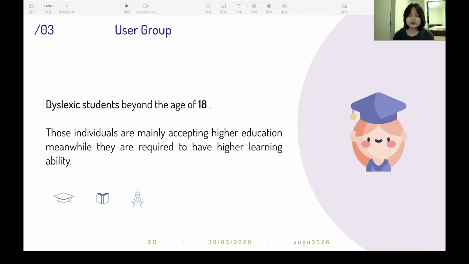In order to complete their study, they need to present their ideas in class, read and type quickly, as well as pass the exams. These tasks are not easy for non-dyslexic students. Meanwhile, this would be a bigger challenge for dyslexic students. So we want to help them overcome the reading difficulties.